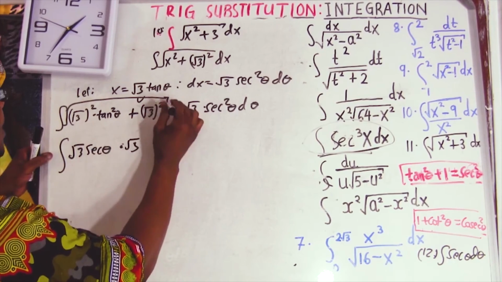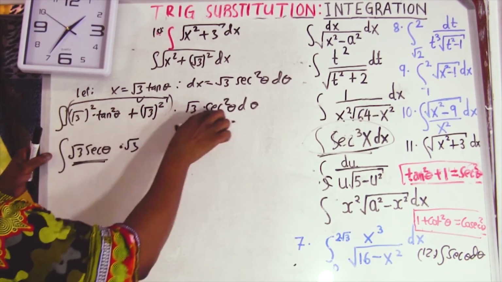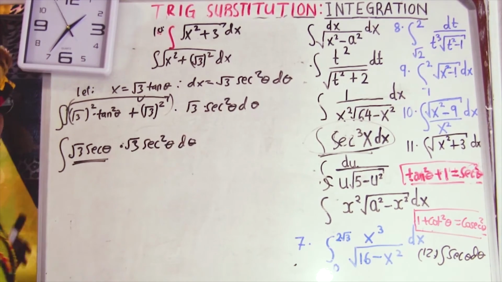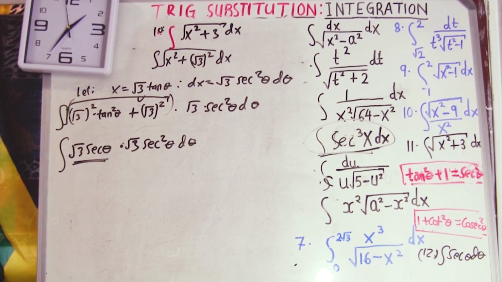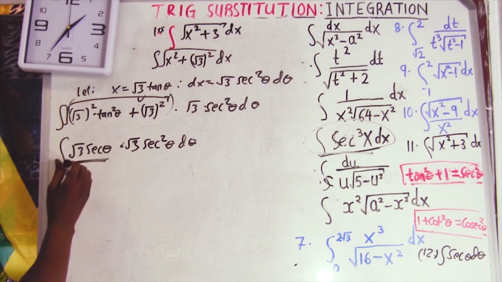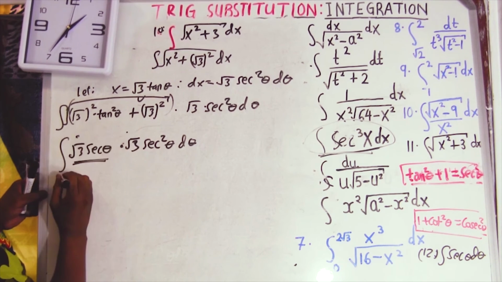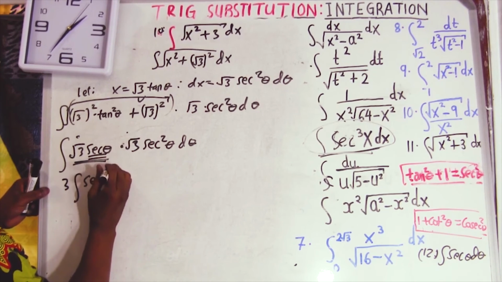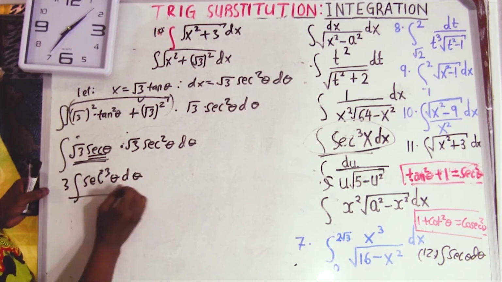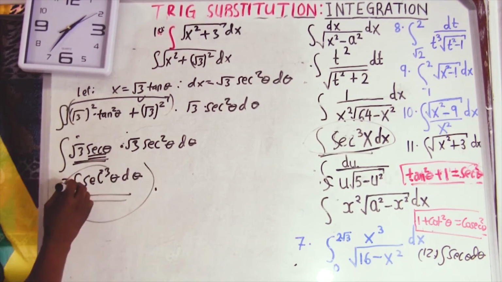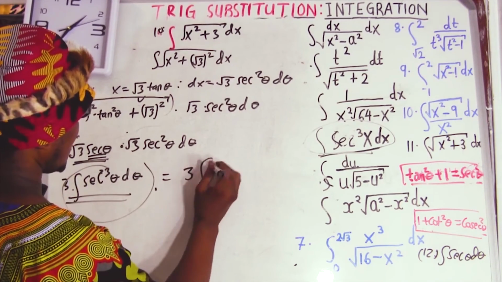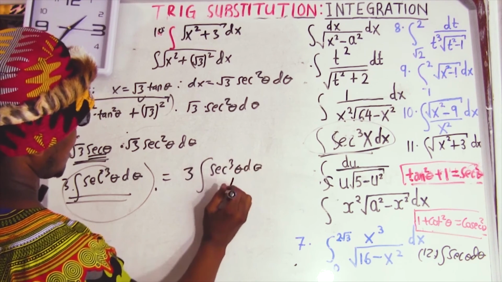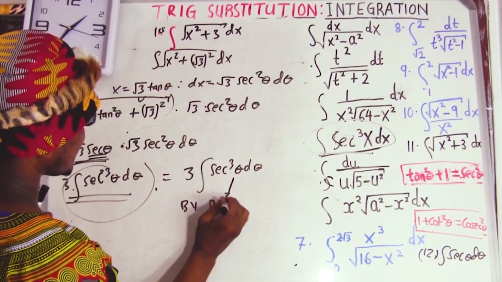You got square root of 3 here, so all this is going to give us square root of 3 sec. So what we're going to do now? Okay, better tracing. This and this is going to, okay. When you trace 3 times 3 is going to give a 3 outside. It's going to be sec times sec. Okay, I'm not going to do this, you know how to do it. By parts. I just did it now.